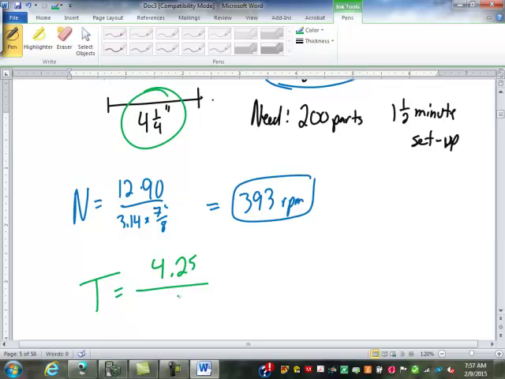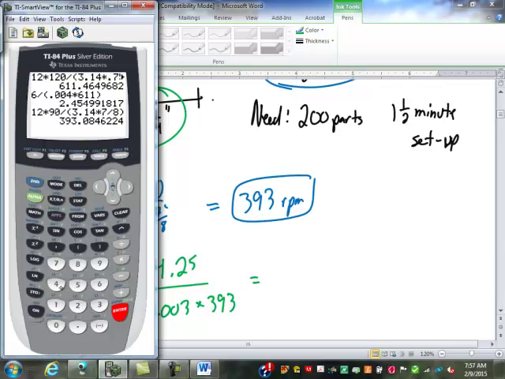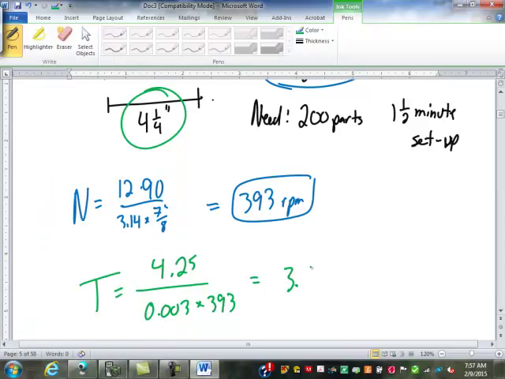My length of 4 1/4, 4.25, I'm going to put it over my feed rate, 0.003 times 393. So 4.25 divided by, parentheses, 0.003 times 393. Close. 3.6 minutes.